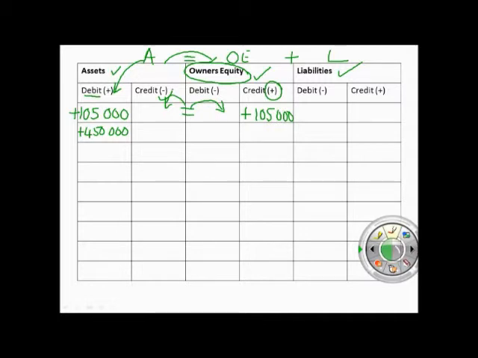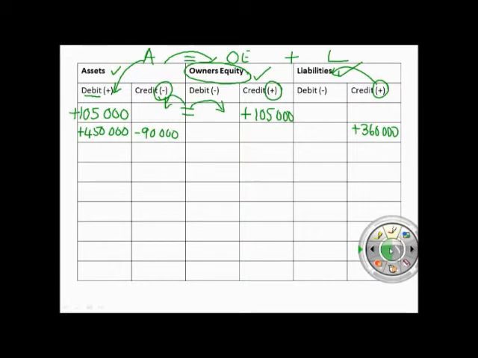Now remember, bank would be going down because I am paying for it with cash. Only that 20% though. Okay? The remainder was by utilizing a credit facility with a supplier. So that 360,000 then would have increased our liabilities, because now we have an obligation to pay that supplier the amount of 360,000.